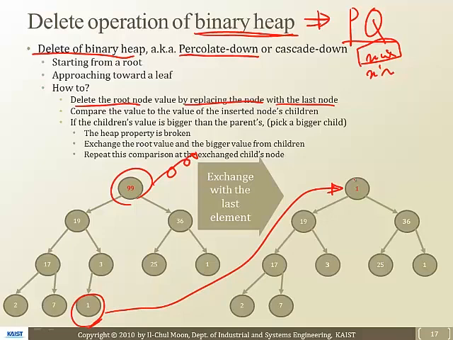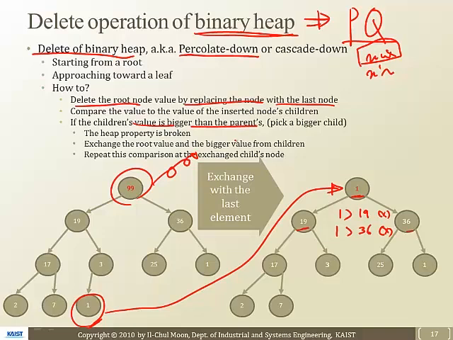That's one thing we do. And then the next thing is to compare the value to the values of the node's children. So compare this 1 with the children, 19 and 36. 1 and 19, that's bad; the heap property is broken. 1 and 36, that's bad; the heap property is broken. Then what you're going to do, if the children's values are bigger than the parent's, is pick the bigger value and exchange it.